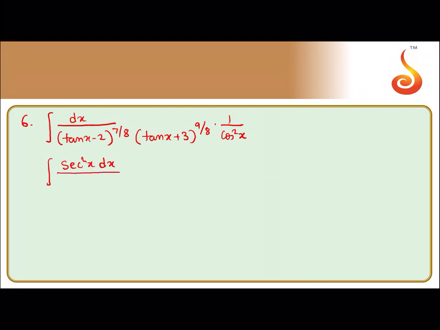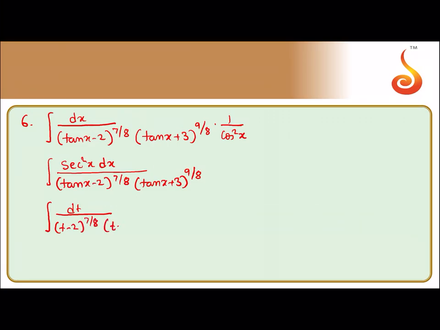So same rearrangement. 1 by cos square x is nothing but secant square x. Secant square x dx by tan x minus 2 to the power 7 by 8 into tan x plus 3 to the power 9 by 8. Same, highest power 9 by 8.